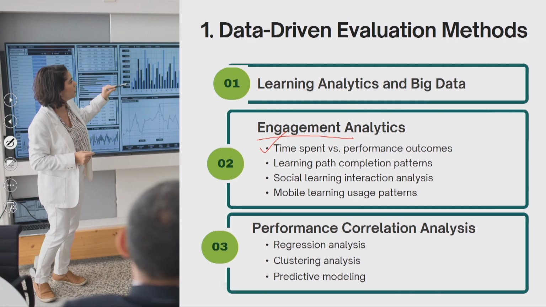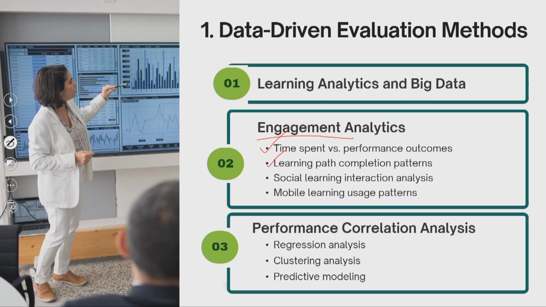Other significant aspects include learning path completion patterns. This tracks how different sequences of learning activities lead to job success. For example, you might discover that learners who complete modules in a specific order perform 20% better than those following some alternative paths.